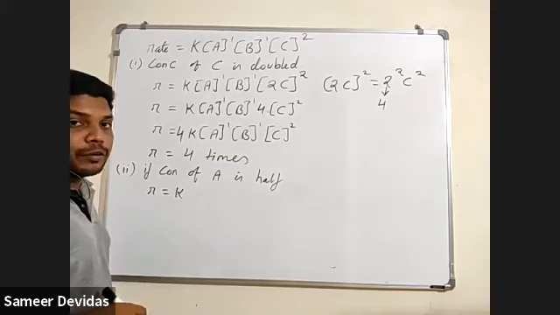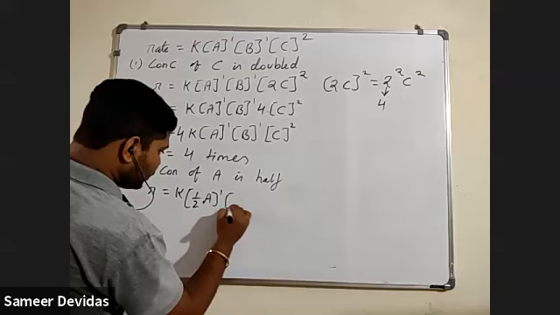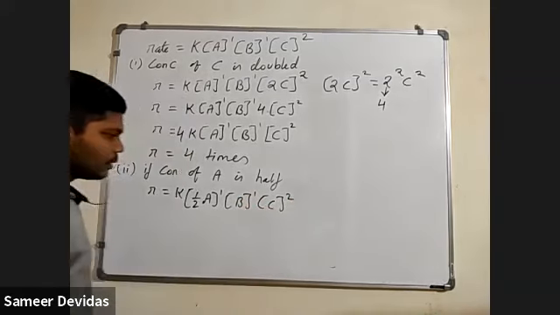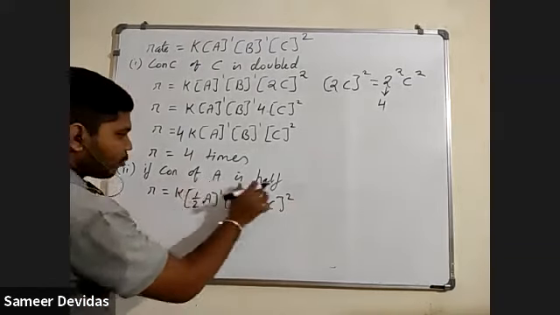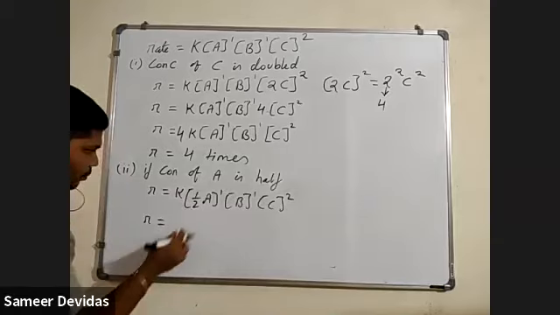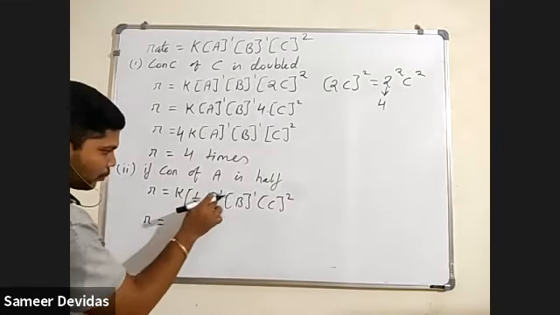Concentration of A is half. Half means how are we going to write? 1/2. So in this case, (1/2 A)^1 B^1 C^2. Only they are talking about A, nothing else. So this will be kept as it is. So R is equal to, here 1/2 raised to 1.